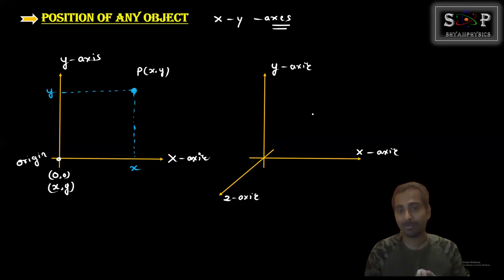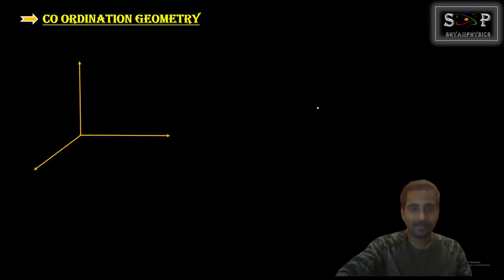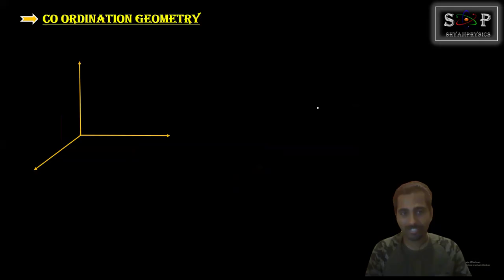For example, if I want to mention any point P, I would go with X, Y, Z. Clear my point? It means along the X axis at X distance, Y axis at Y distance, Z axis at Z distance. Clear? Good.